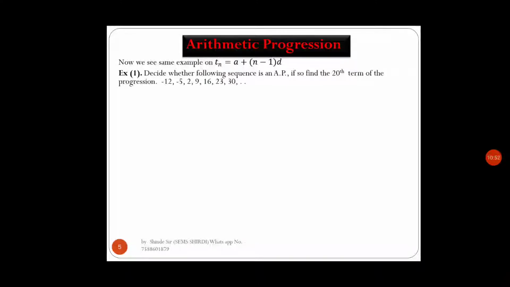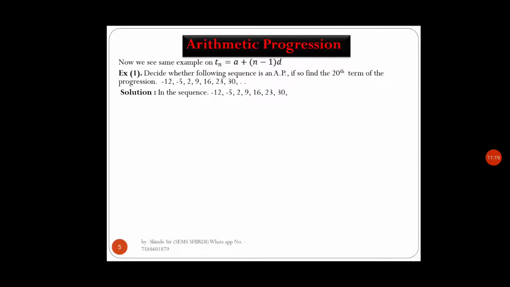Now let us first find whether the given sequence is an AP or not. You know that a sequence is an AP if the common difference, the difference between two consecutive terms, is constant.